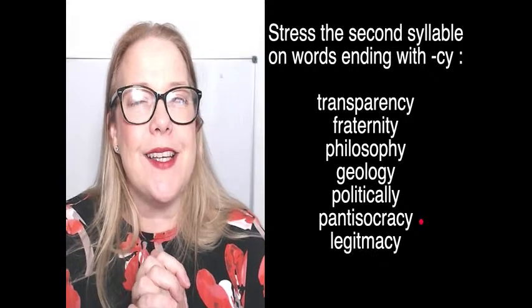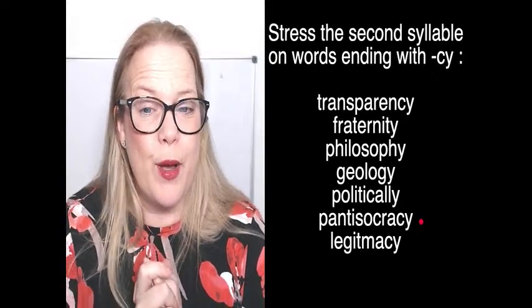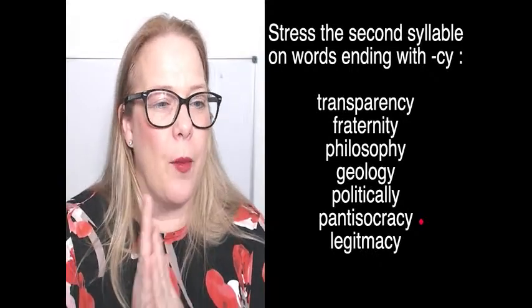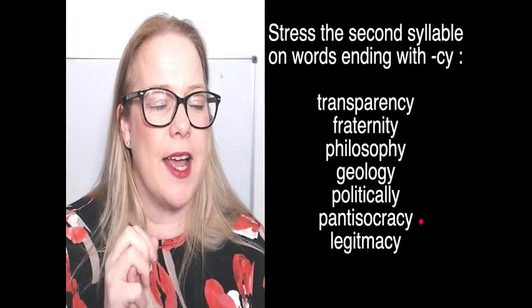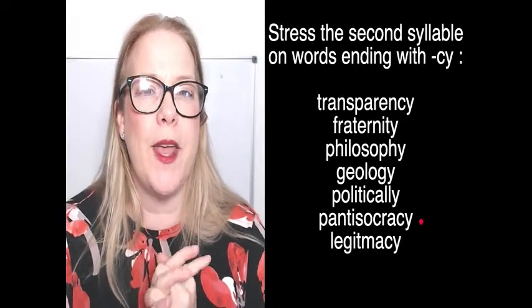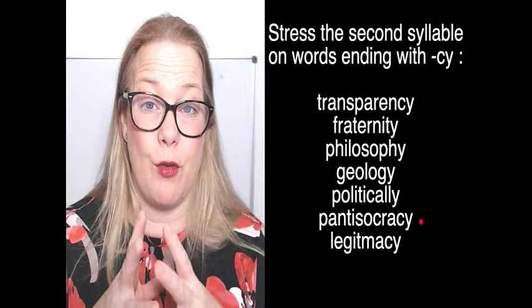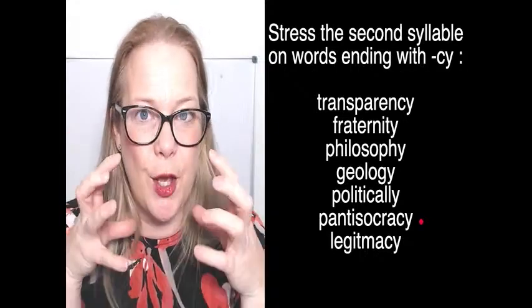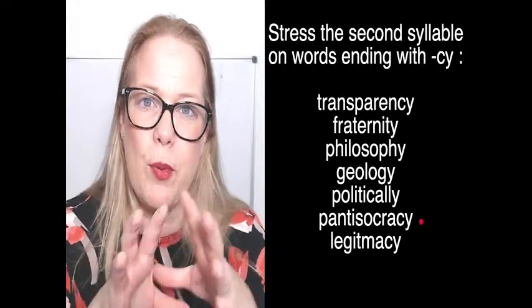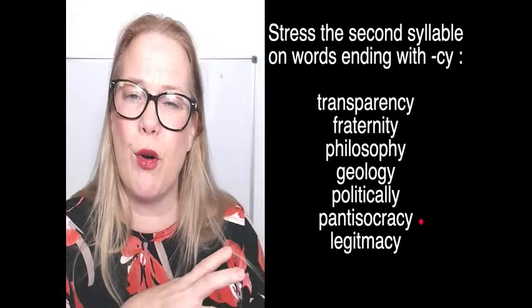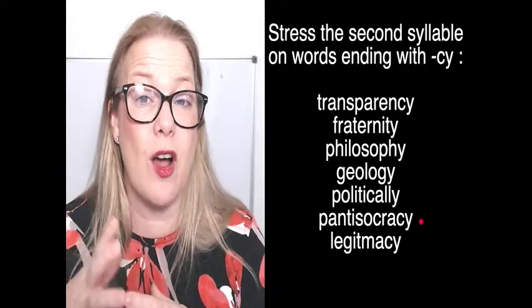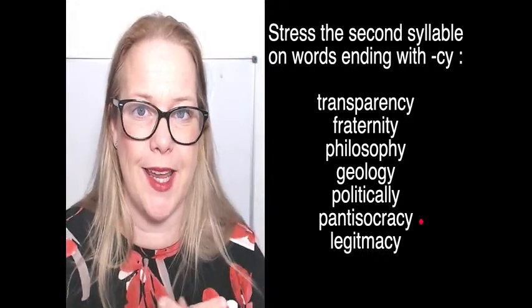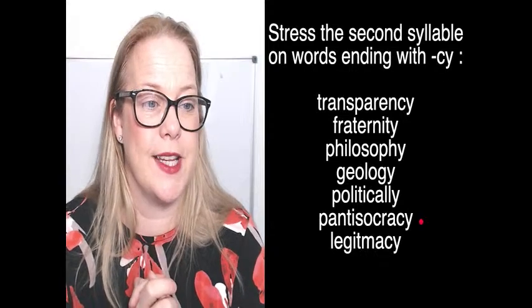So, a pantisocracy is a group of people as in a community, a group of people within a community. So the group represents the morals and the beliefs of a certain community. That's what pantisocracy is.